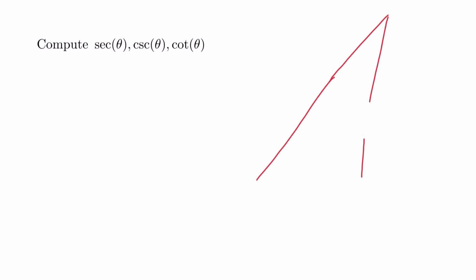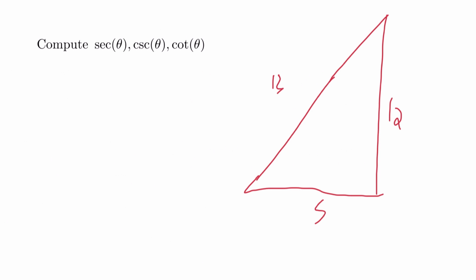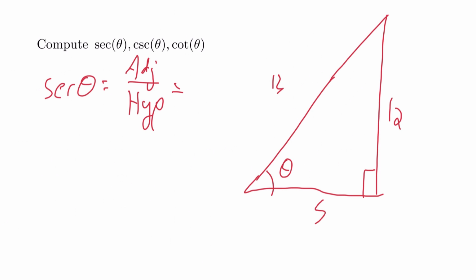Let's look at our tall triangle again. So secant of theta is adjacent over hypotenuse. So 5, that would be cosine.